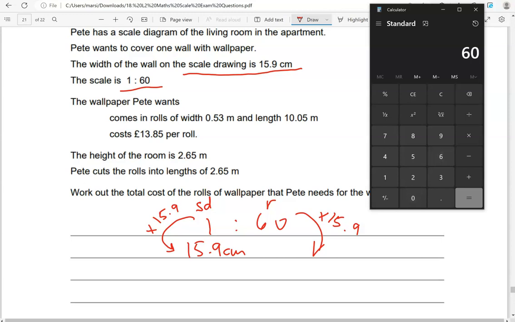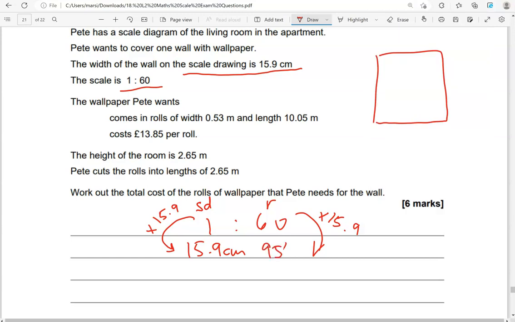So 60 times 15.9 equals 954. So 954 centimeters, that is 9.54 meters. So I've converted that because we're working with meters later on as well. So we can write this here, 9.54 meters.